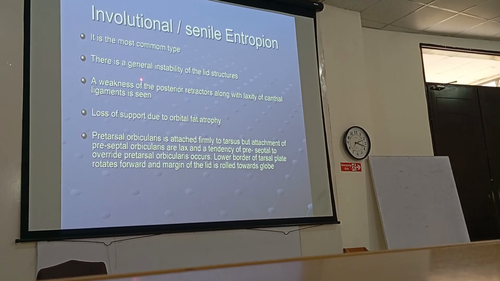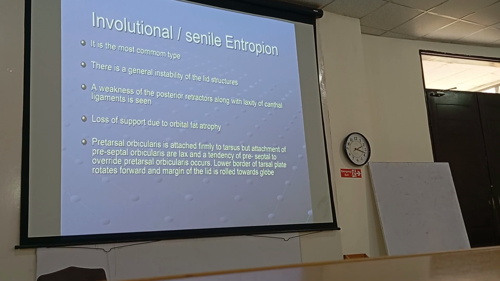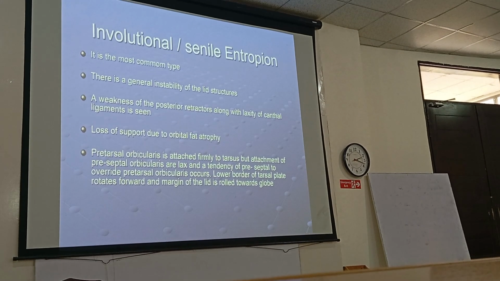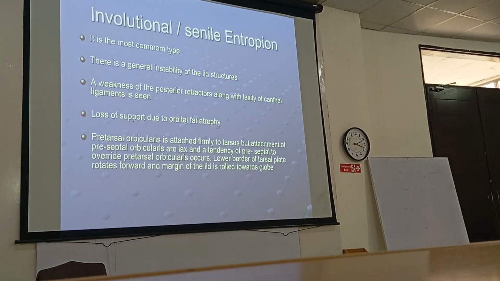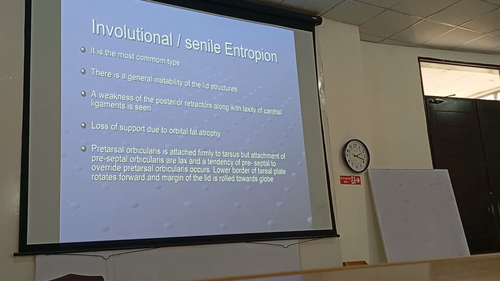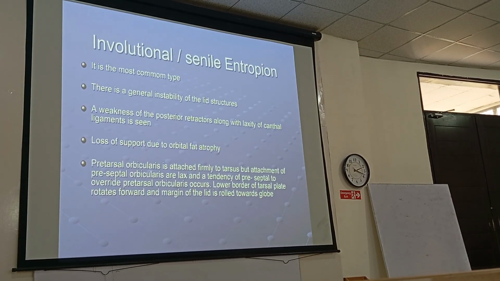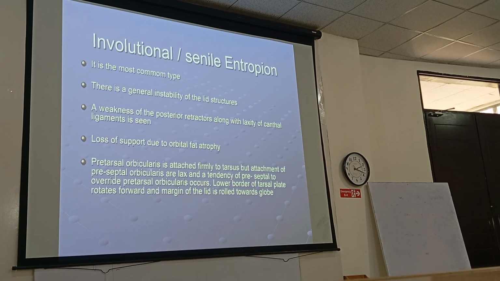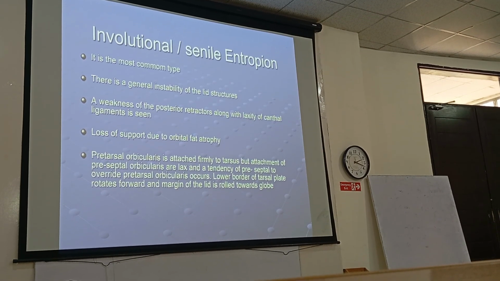There is general instability of the lid structures. As we age, the skin becomes lax and wrinkles appear on the face. Because of these consequences, the lid's integrity is no more present.